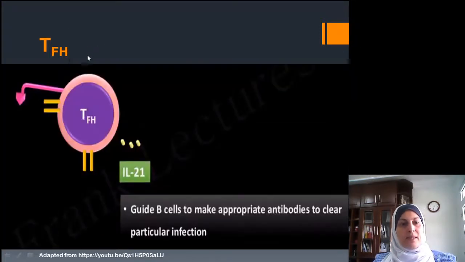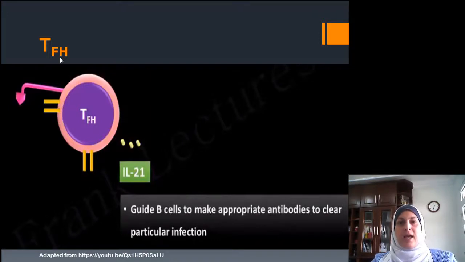The last type is the follicular type, and this is specifically produced in the germinal centers inside the lymph node, which would guide the B cell to make the appropriate differentiation and antibodies to clear a particular infection.